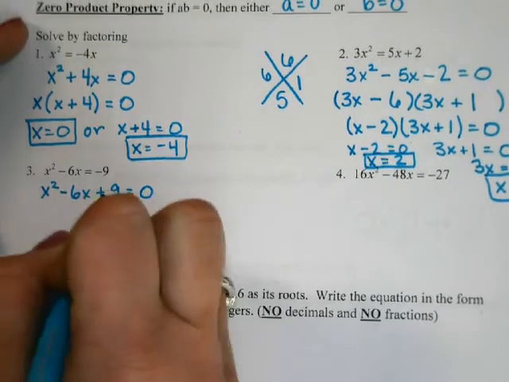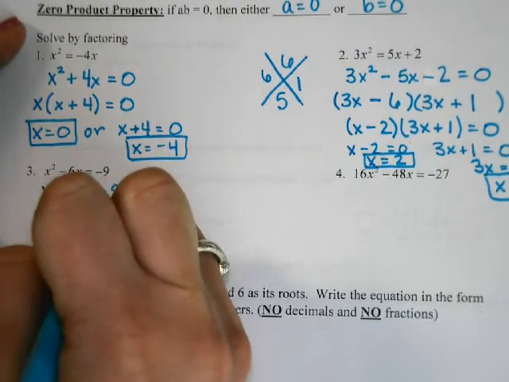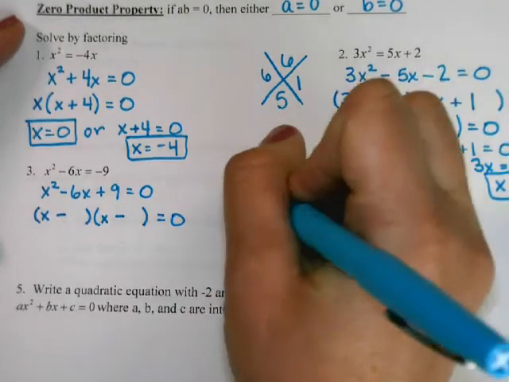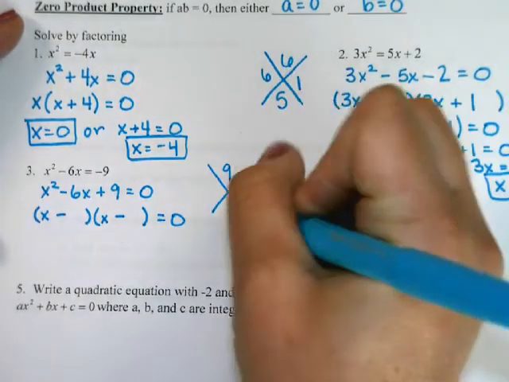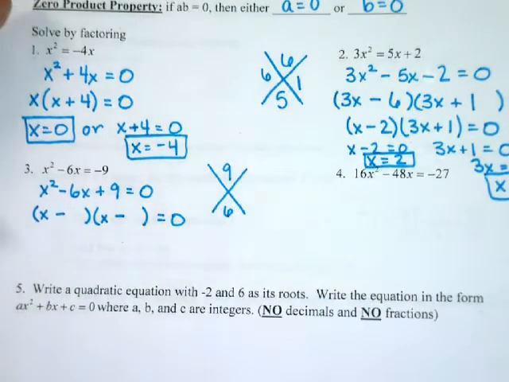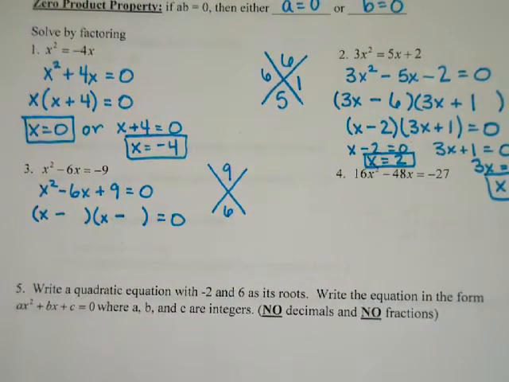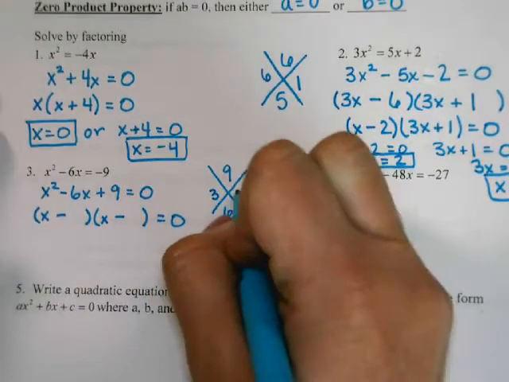I have a minus and a plus. Thankfully, there's no number out front. They multiply to 9 and add up to 6, so 3 and 3.